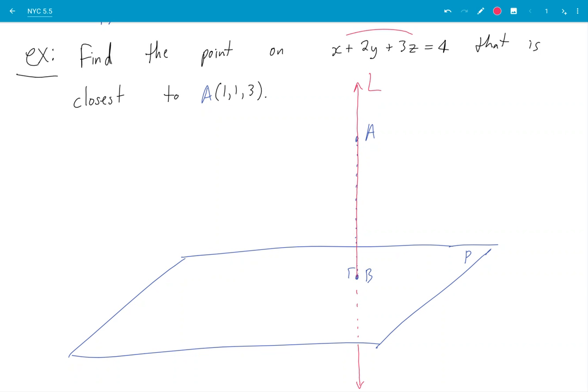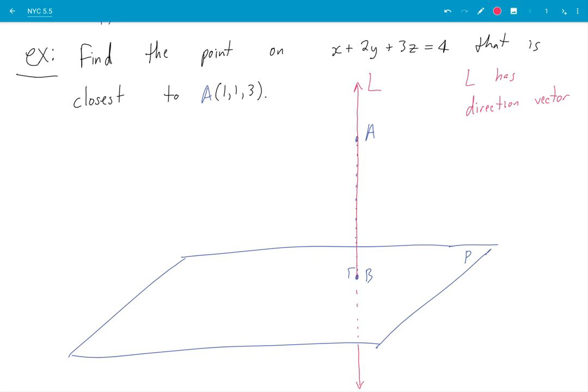How can I have the plane P? I just need the line L. What is the line L? Well, L has a direction vector. What is the direction vector for this line L?